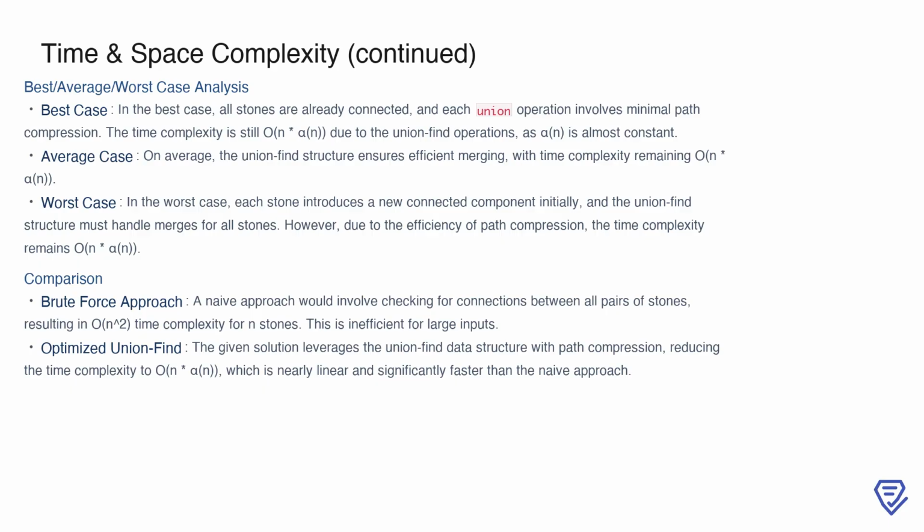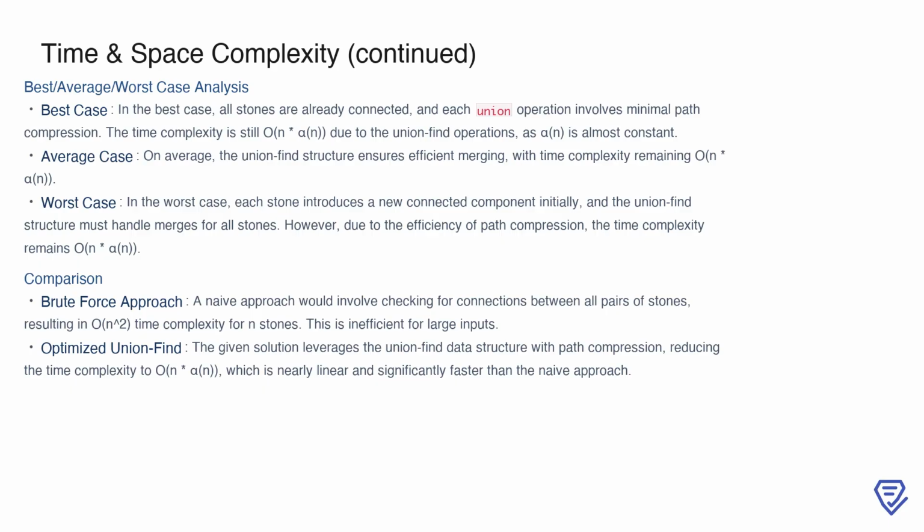In the average case, the union find structure efficiently handles merges, ensuring that the time complexity stays O(n * alpha(n)). In the worst case, each stone initially forms its own connected component, requiring the union find structure to perform merges for all stones. Despite this, the efficiency of path compression ensures that the time complexity does not exceed O(n * alpha(n)).